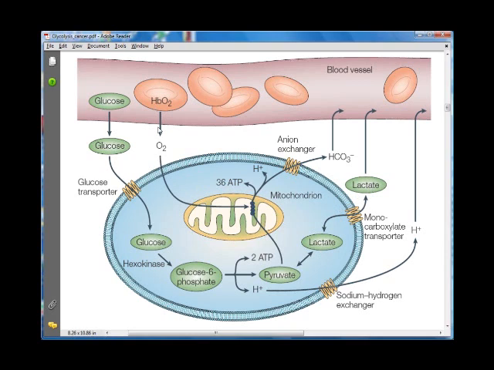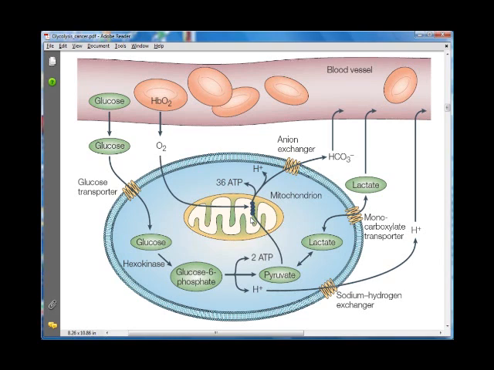Now the healthy cell goes this way. With oxygen, from here pyruvate will go to the mitochondria. Then a lot of chemical reactions happen here, and after all these reactions, it will create 36 ATPs.